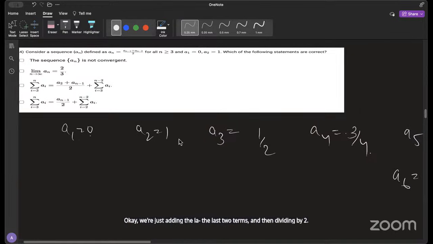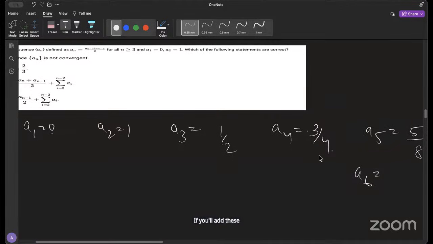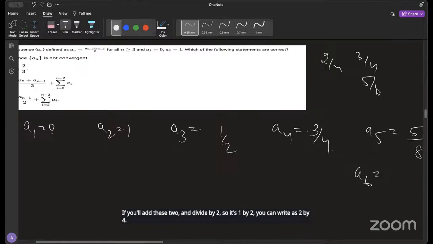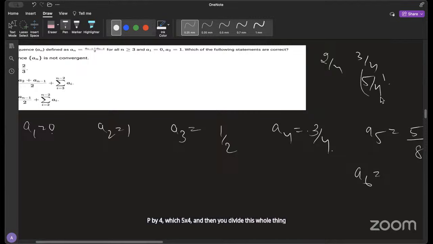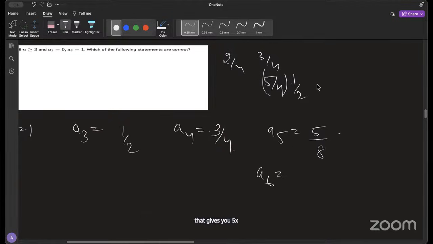If you add these two, 1 by 2 can be written as 2 by 4, plus 3 by 4, so it's 5 by 4, and then you divide this whole thing by 2. So it gives you 5 by 8. Do the similar thing here. So it is 6 by 8 and 5 by 8. You take the sum, it's 11 by 8, and then you divide by 2, so you'll have 11 by 16.